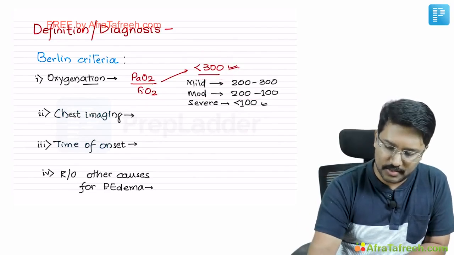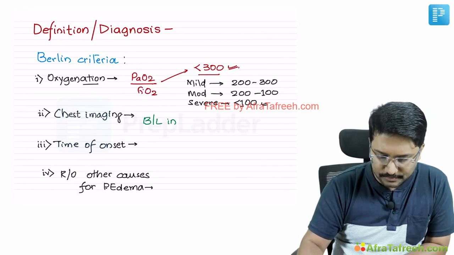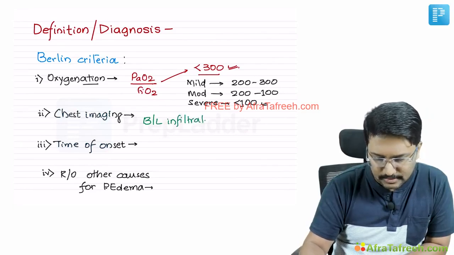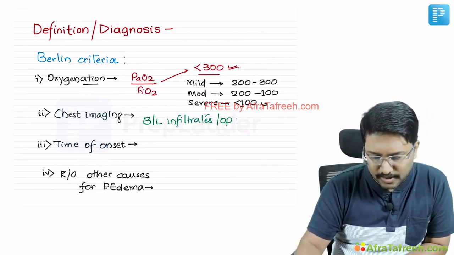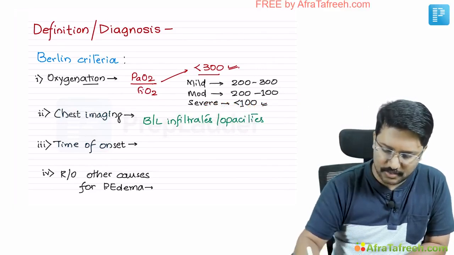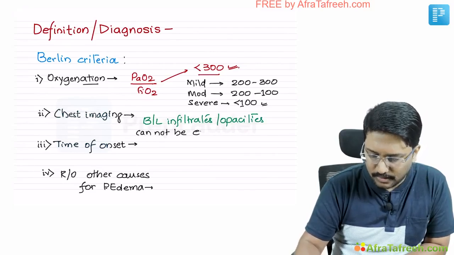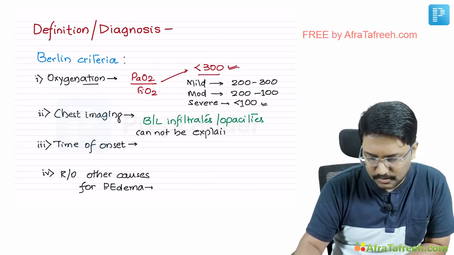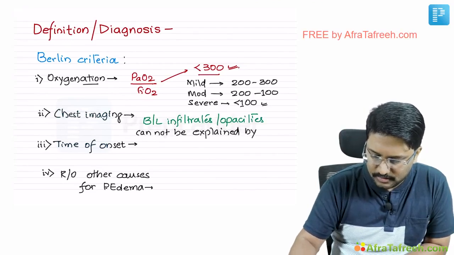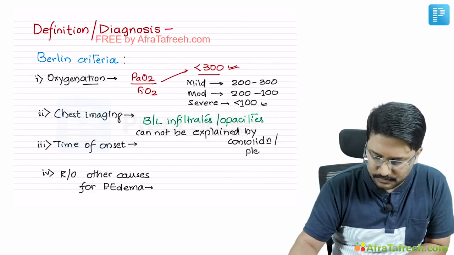Then looking at the chest imaging, we should have bilateral infiltrates or opacities which cannot be explained by consolidation or pleural effusions, right?